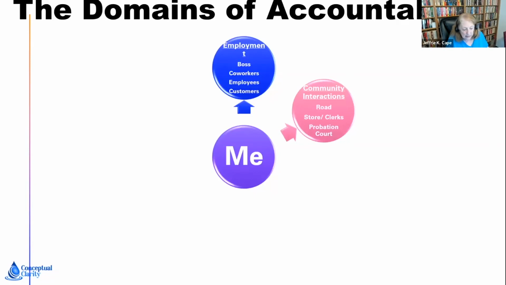So if somebody's, again, involved with the Secretary of State's office, right, that is a community interaction. Because usually if you're going to the Secretary of State's office, it's because it's something that you need in order to be able to do certain things within our community.